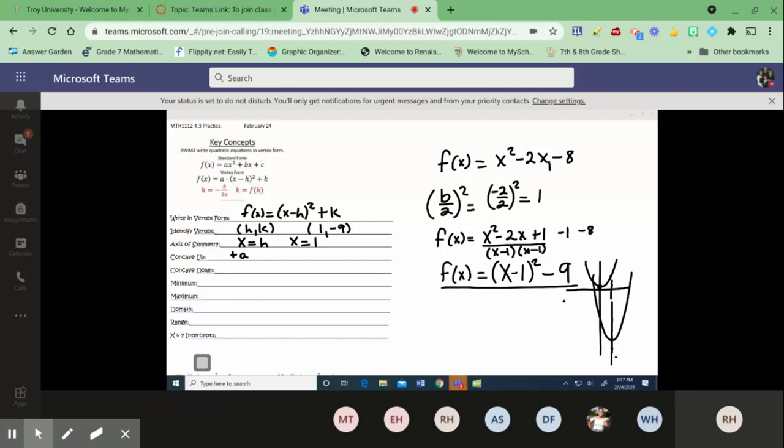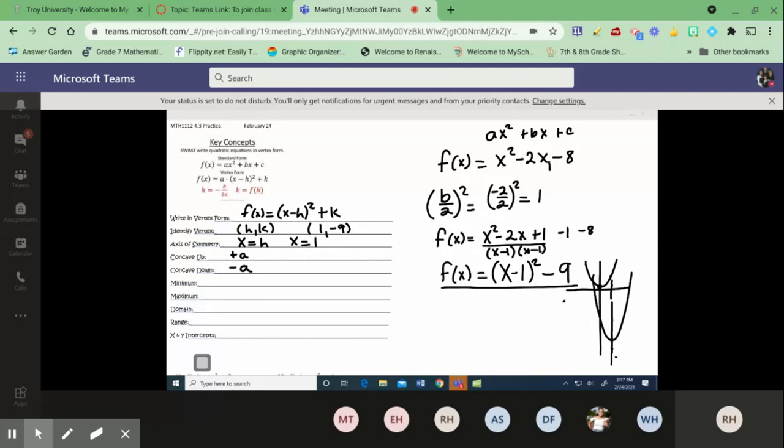If I'm concave down, I'm going to have a negative A. So if I look at my A, remember your quadratic is ax squared plus bx plus c, right? My A is positive. So that means in this problem, I am concave up.